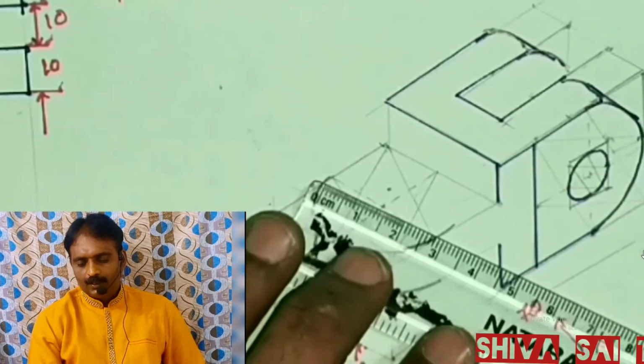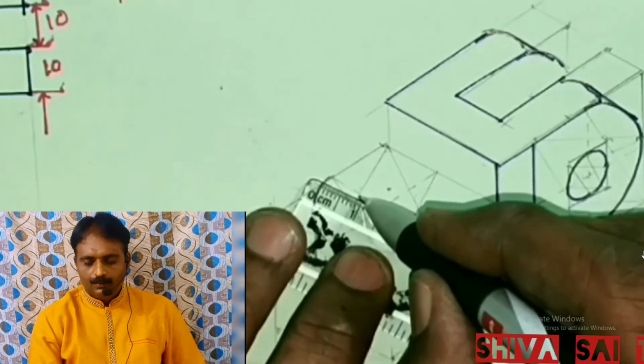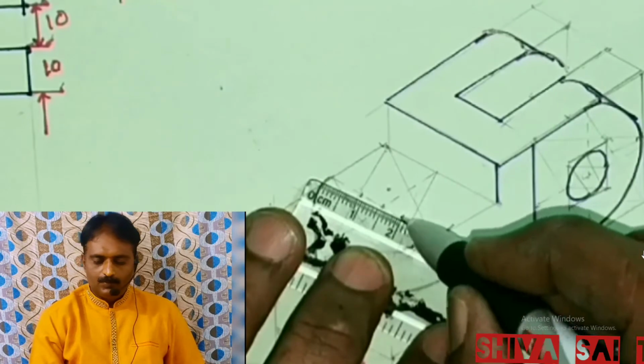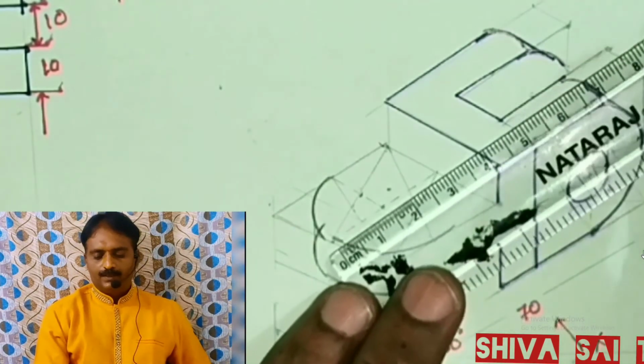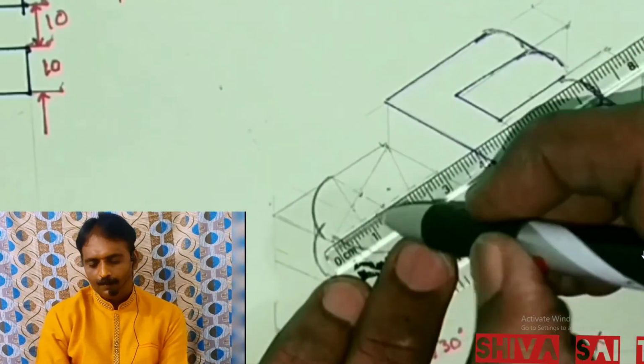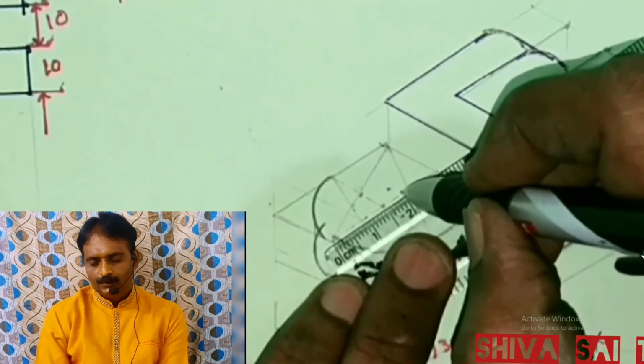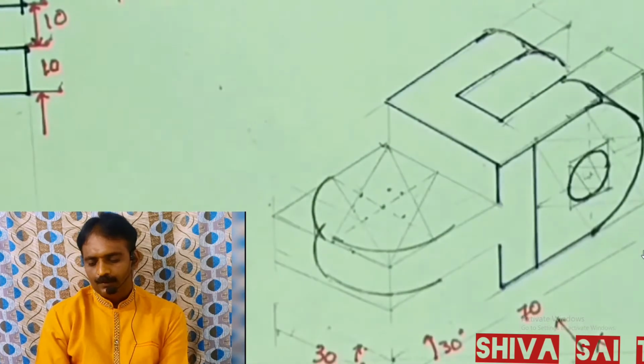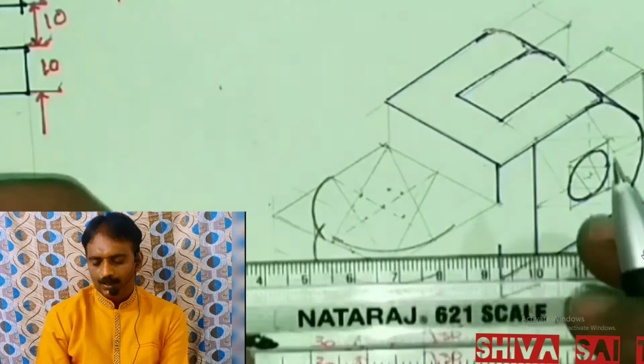Next, let us go for the construction of the circular hole of 10 units diameter here. So these things are to be done the same way that we have done earlier.